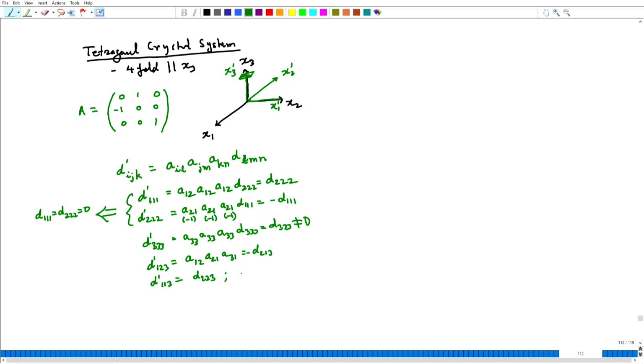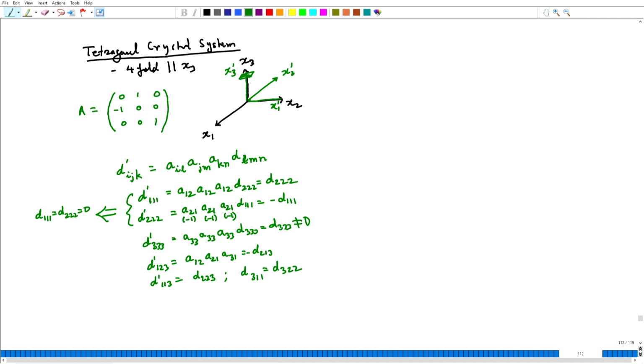Similarly, d311 equals d322, and everything else is actually going to be 0.